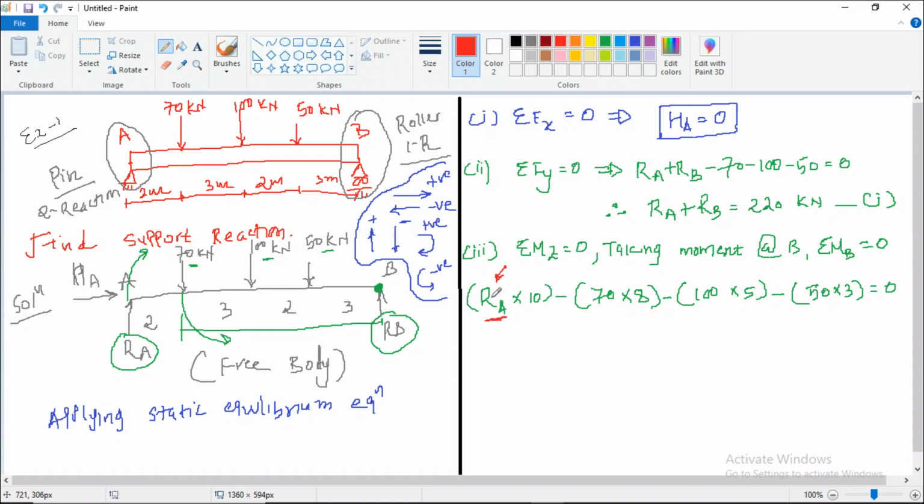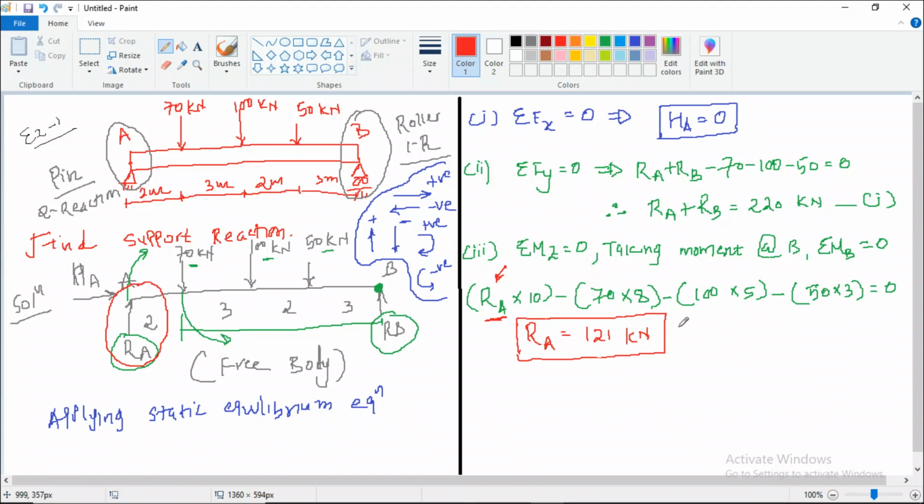If you solve it, you will get the value of Ra somewhere around 121 kilonewton, and here the positive sign is there. Positive sign means that whatever direction we have assumed in the beginning, that is vertically upward, is correct.